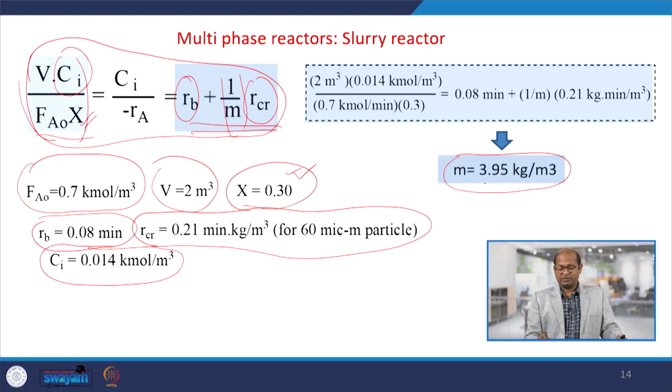So, 3.95 kg of catalyst per meter cube of the volume of the reactor or volume of the solution, that is the amount we have to charge.